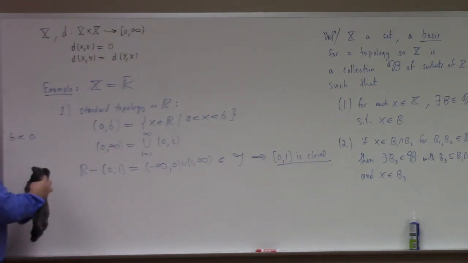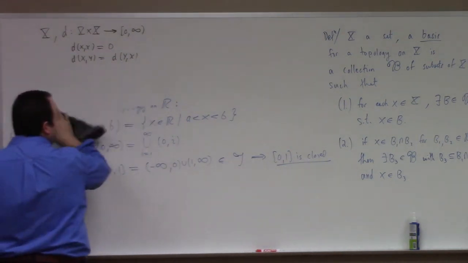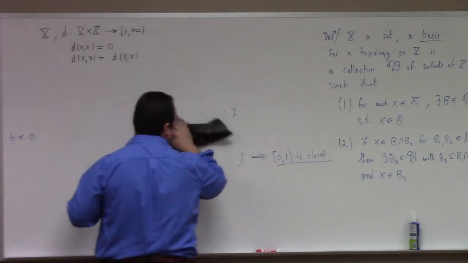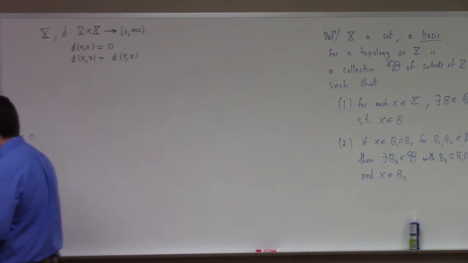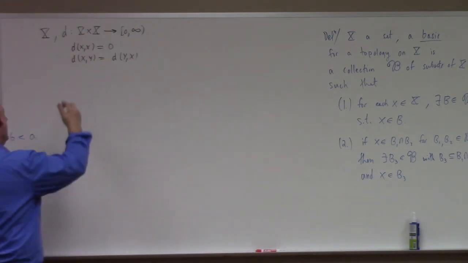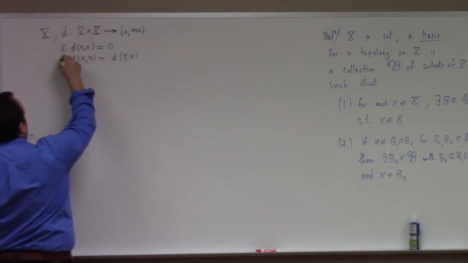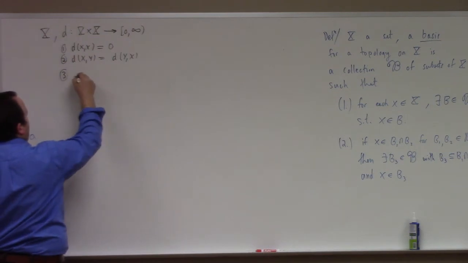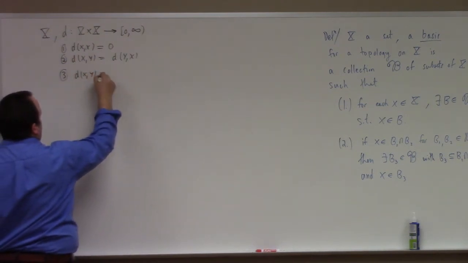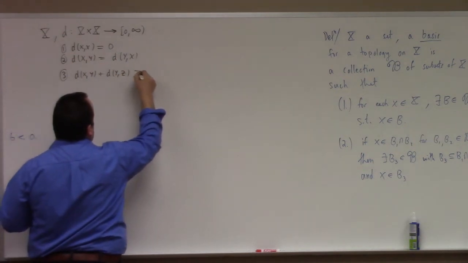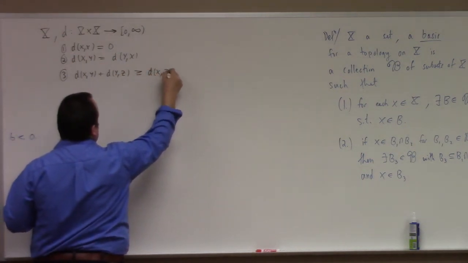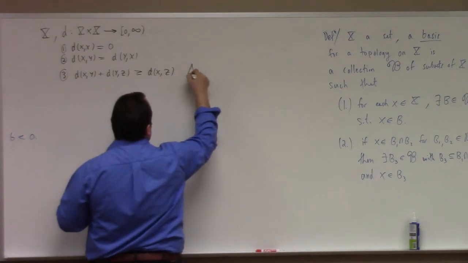I kind of just gave it away, sorry, but it should be equal, right? It's not like the time of coming to school versus going back home. And the other thing is the distance from X to Y plus the distance from Y to Z ought to be greater than or equal to the distance from X to Z. This is the so-called triangle inequality.